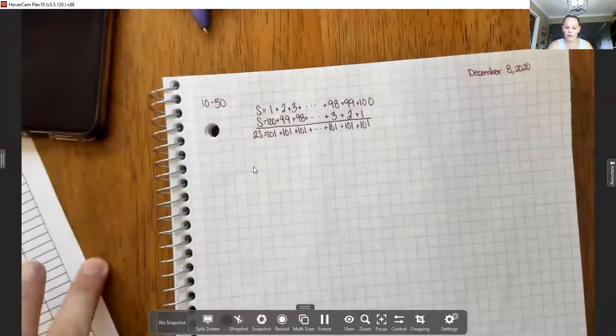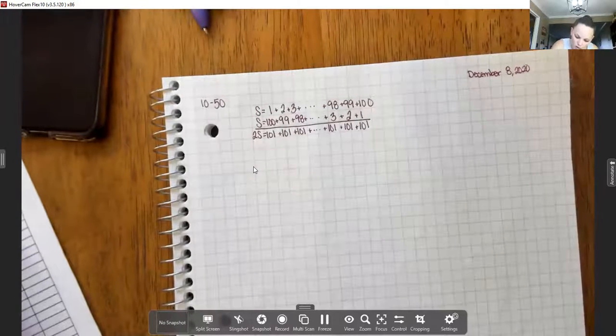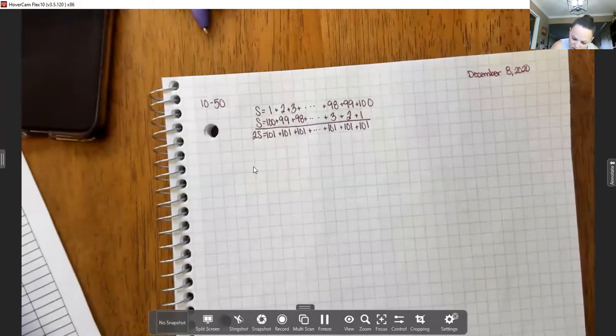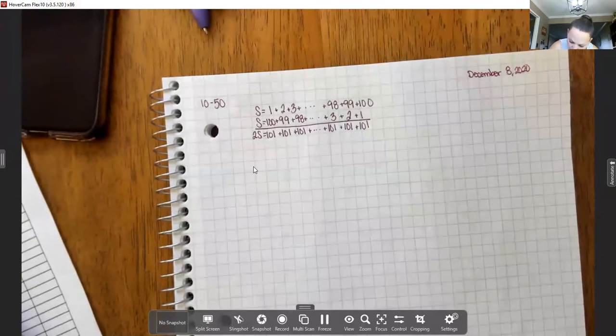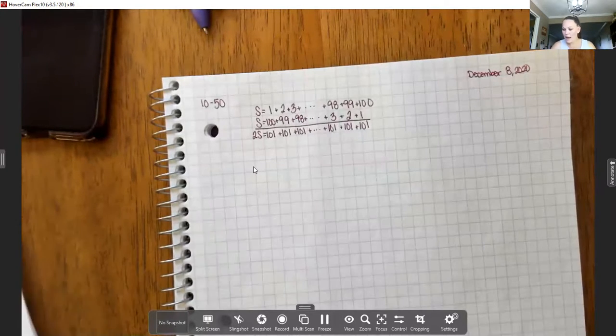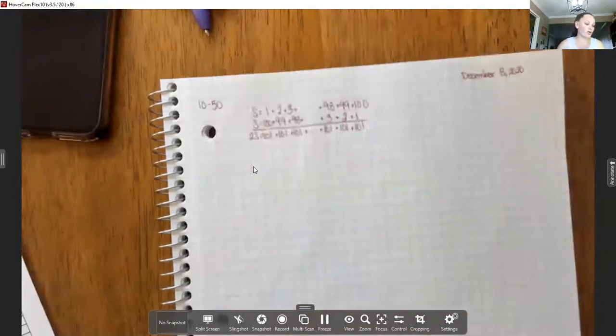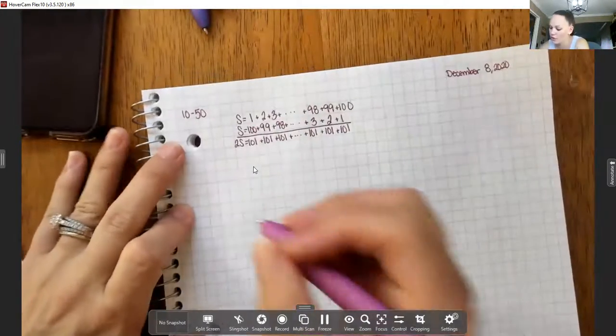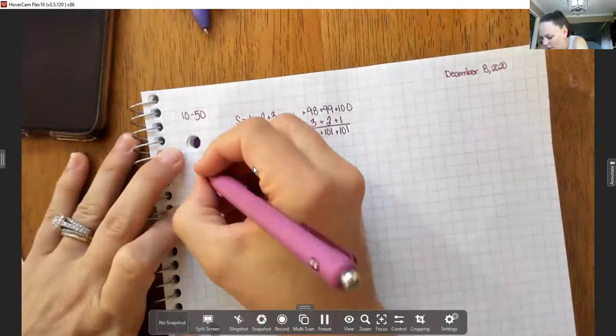Okay, so this is what I wanted to share. So I just copied it down. So again, his teacher asked him to add the numbers 1 through 100. So what he actually did here was he added 1 through 100 to itself. He added this series to itself, but reversed the order, I guess is how I'd want to say that.